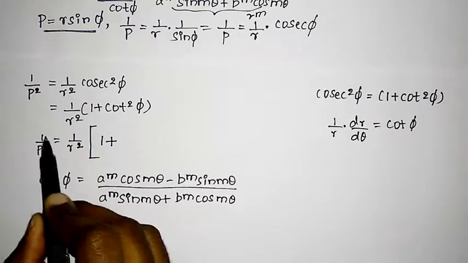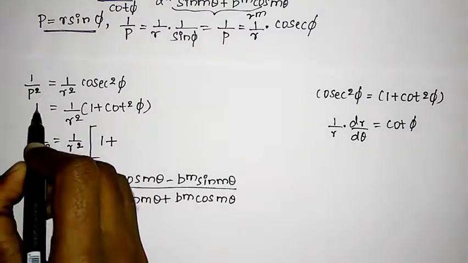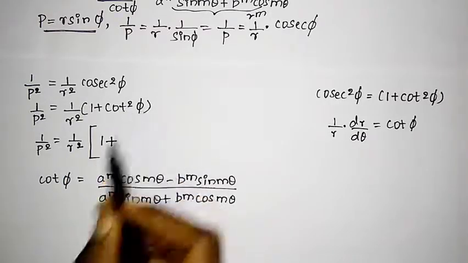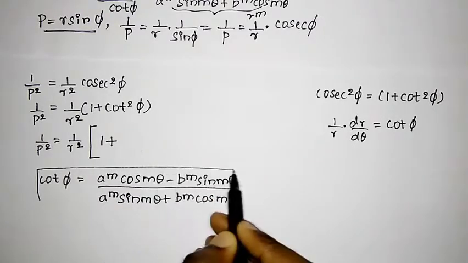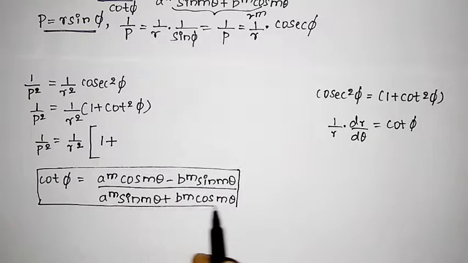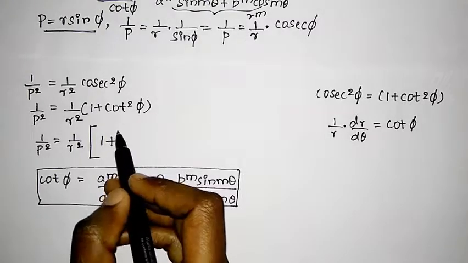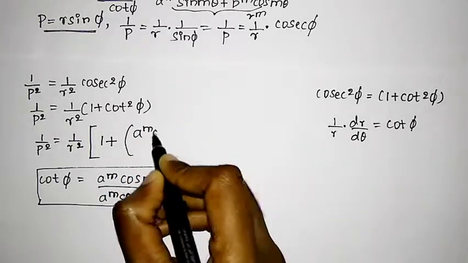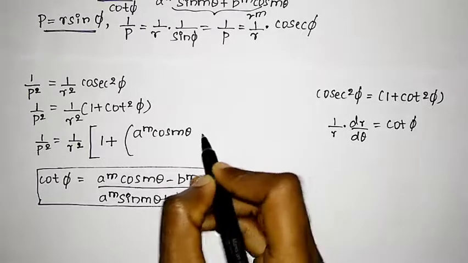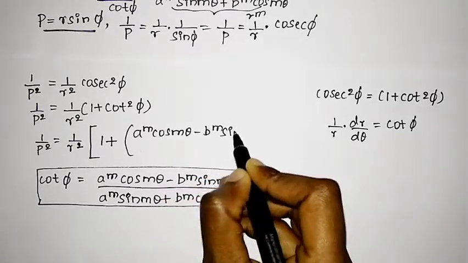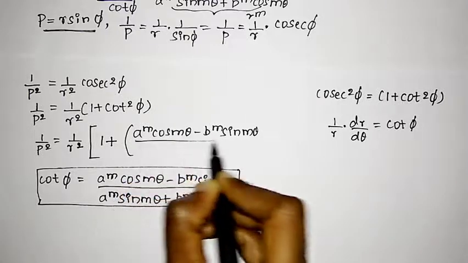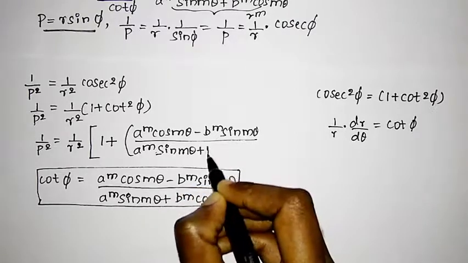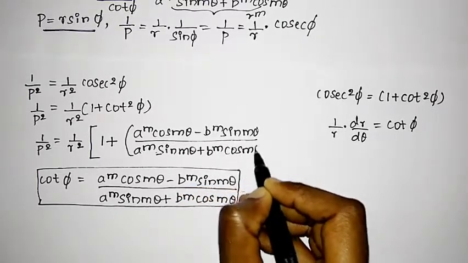So now 1 by p square is equal to 1 by r square into 1 plus cot square phi. In place of cot phi, we need to substitute the value we have obtained: a raised to m into cos m theta minus b raised to m into sin m theta divided by a raised to m sin m theta plus b raised to m into cos m theta.